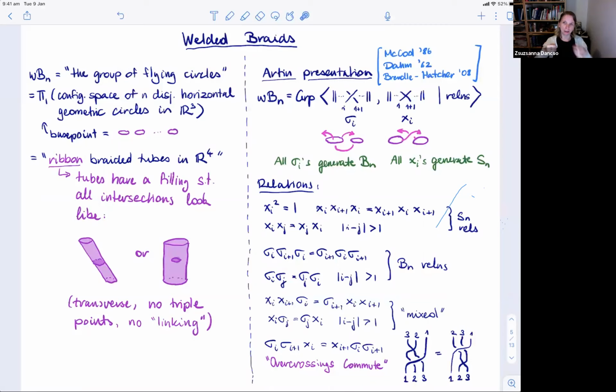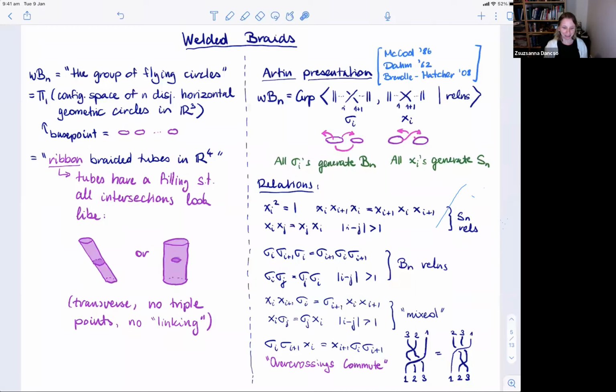Once you fill them, those fillings might intersect, but the intersections have to have a special property, which is called the ribbon property, which says that all of the intersections has to be either the filling of some tube completely transversely intersecting the entire sort of circumference of another tube, or the intersection being completely in the interior of one of the tubes.